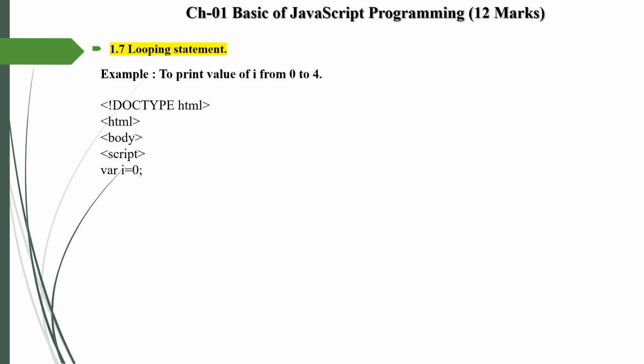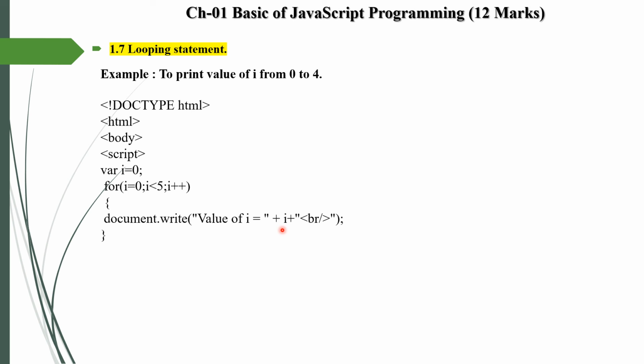The initial value of i is 0 because we want to print i from 0. Then we define the for loop. Statement 1 indicates i equals 0. The second statement indicates we want to print values up to 4, so i is less than 5, and last we define the increment i++. Then inside curly brackets we define one statement: document.write value of i is equal to i.